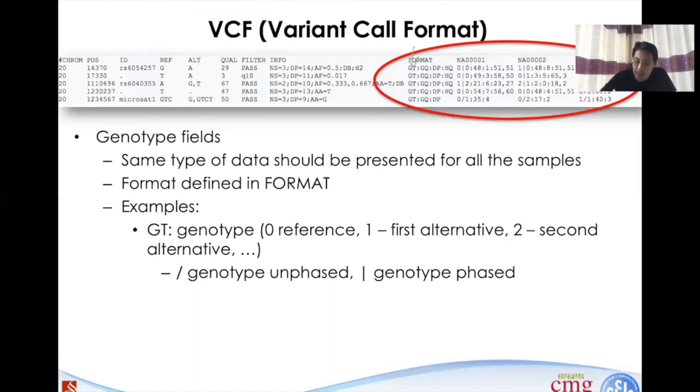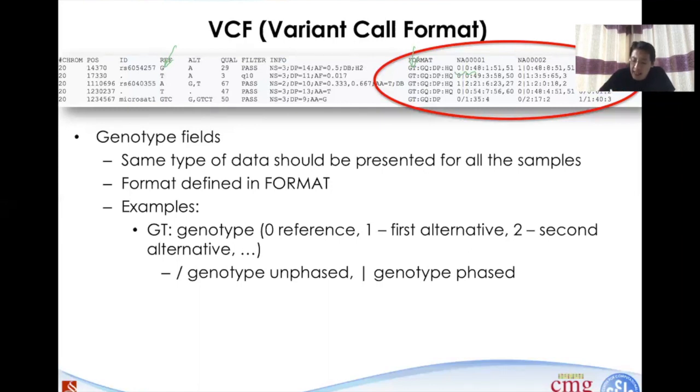If you see 0|0, that means there is no alternative allele. So for this individual, the nucleotide will be the same as the reference genome. In this case, the reference genome is G, so both alleles of this individual will be G, it's GG.